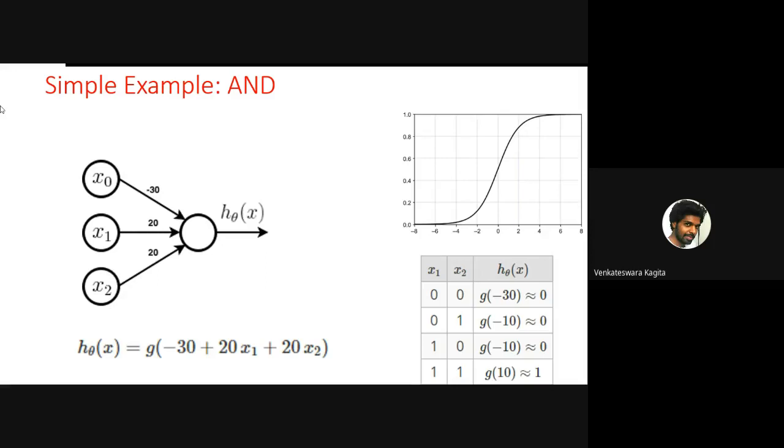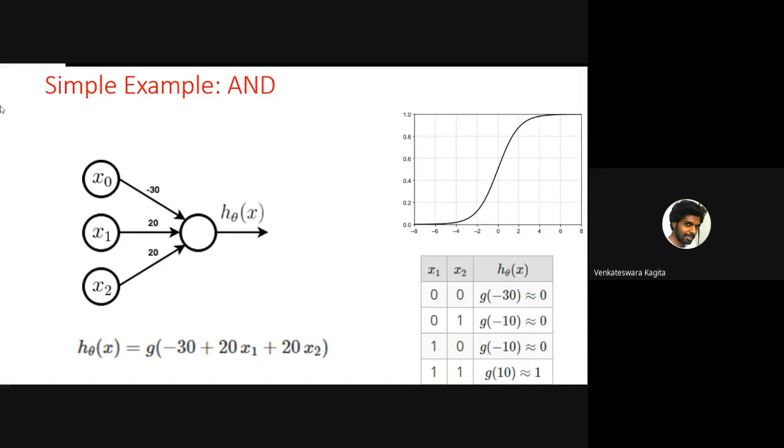For example, if x1 equals 0 and x2 equals 1, substituting in this equation gives minus 10: minus 30 plus 0 plus 20. The sigmoid of minus 10 is also 1 by a very big number in the denominator, almost 0. Similarly for 1, 0.